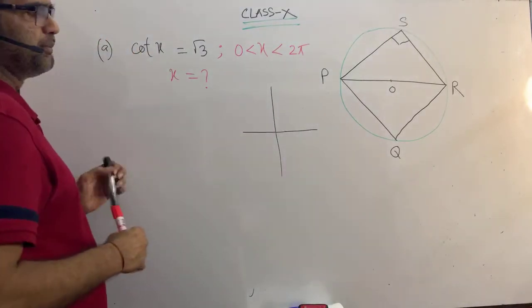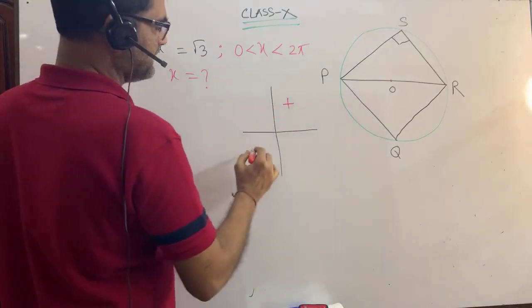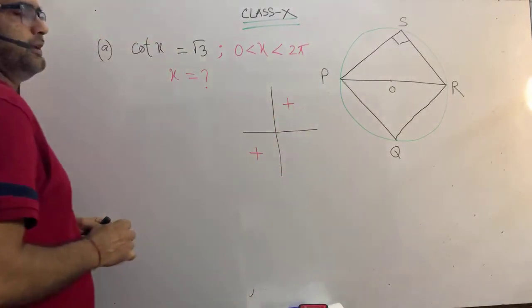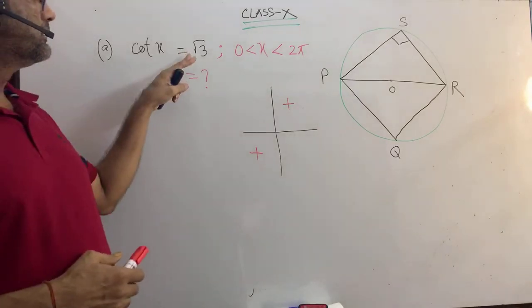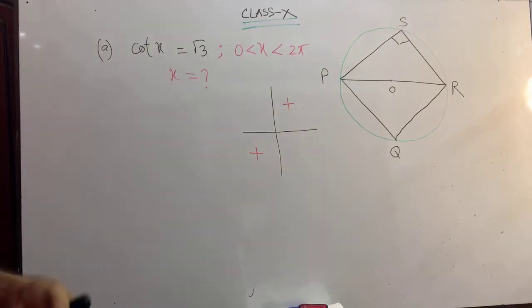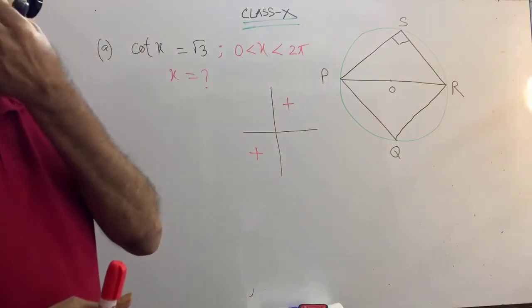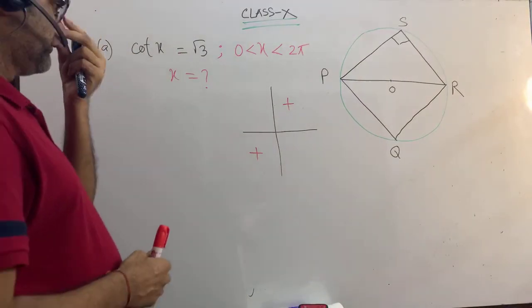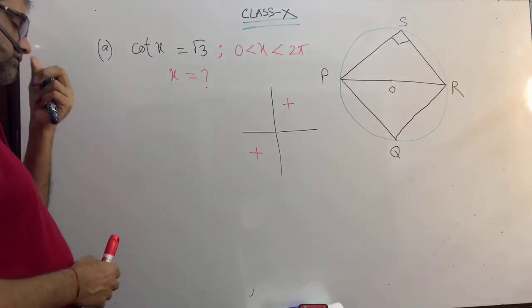Cot is positive in the first quadrant and in the third quadrant. Here root 3 is positive, it is not negative. So we know cotangent is positive in the first quadrant and in the third quadrant.